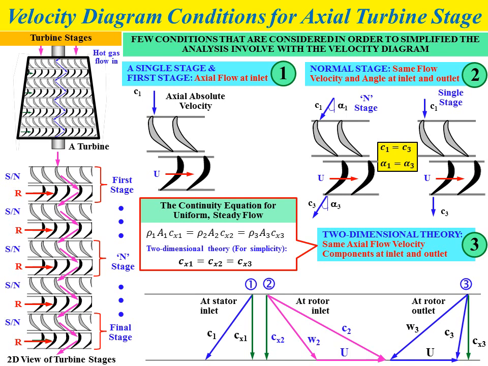If we implement the two-dimensional theory condition, then the Cx1, Cx2, and Cx3 values will be the same. So Cx1 equals Cx2 equals Cx3 equals Cx. These are the three conditions that can be used to simplify the velocity diagram analysis.